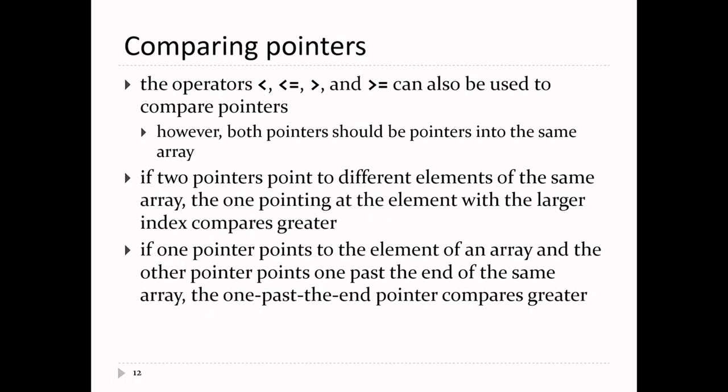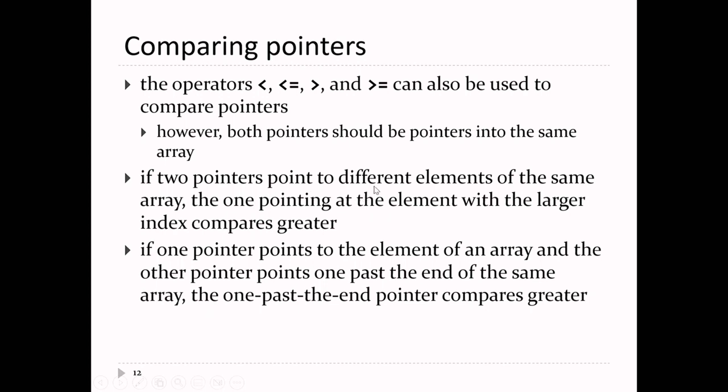That's P and that's Q. In this case, P is less than Q. All you're saying is that P points to an element that comes before the element that Q points to. Q is greater than P. Q points to an element somewhere later in the array than the element that P points to.